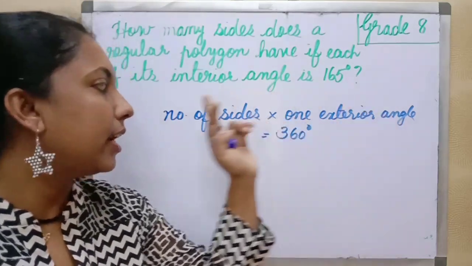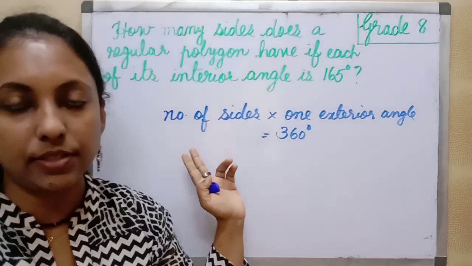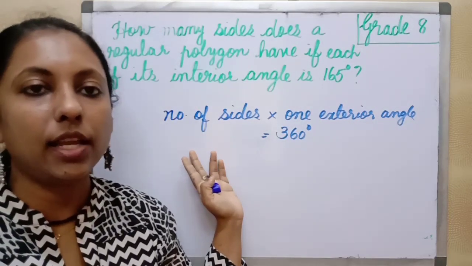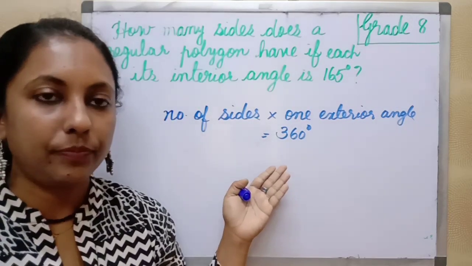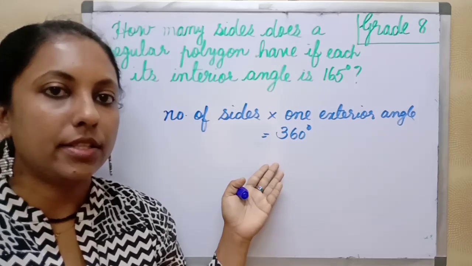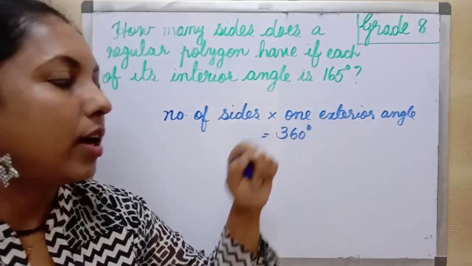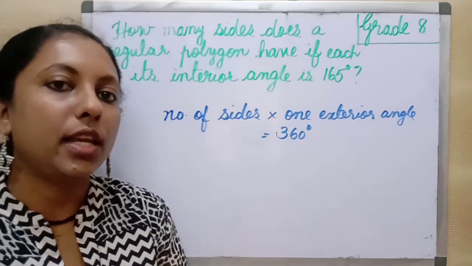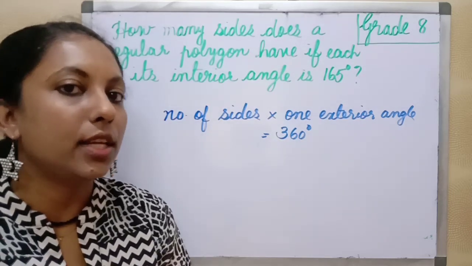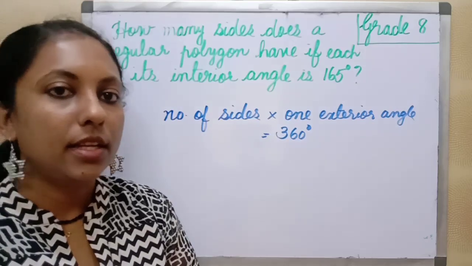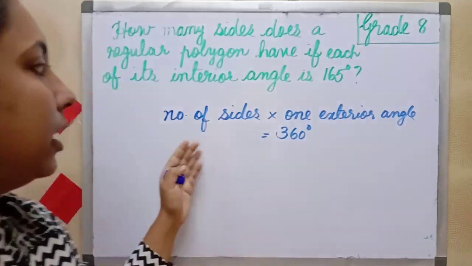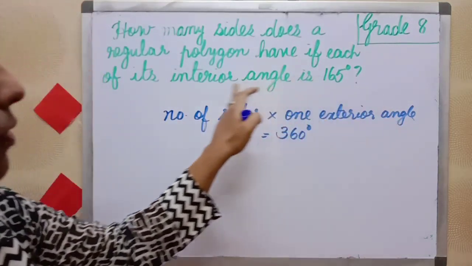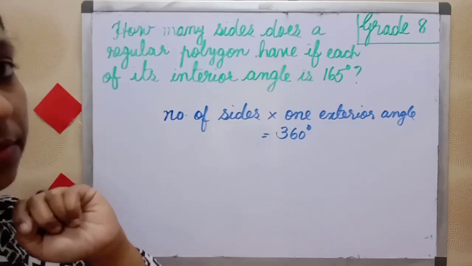For example, a triangle having three sides. So 3 into one exterior angle is equal to 360. So here one exterior angle first you have to find.